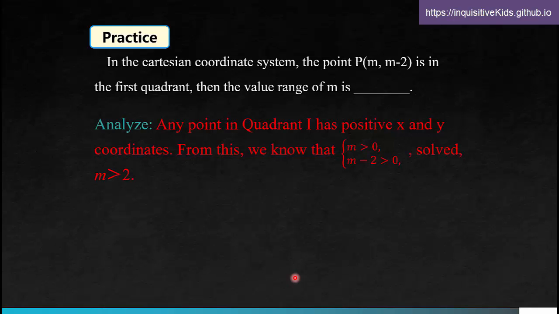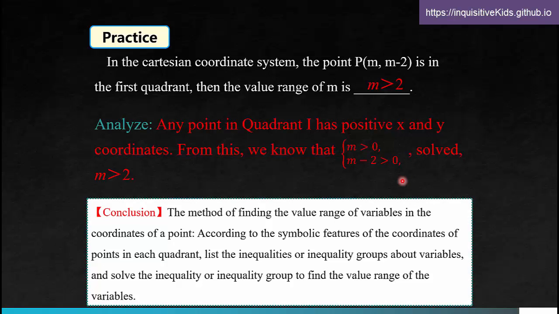So m is positive and m minus 2 is greater than 0, and we can write out these inequalities. Solved, m is greater than 2. So here's a conclusion. The method of finding the value range of variables in the coordinates of a point: according to the symbolic features of the coordinates of points in each quadrant, list the inequalities or inequality groups about the variables, and solve the inequality or inequality group to find the value range of the variable.